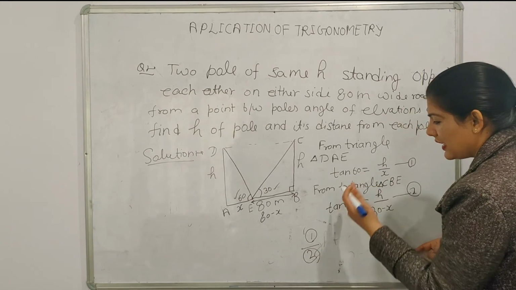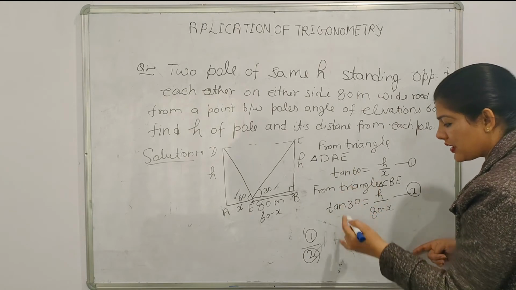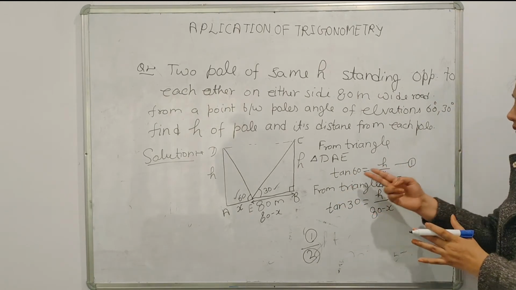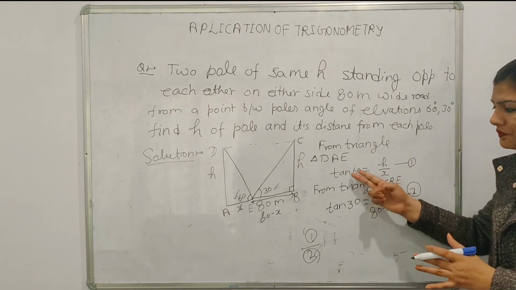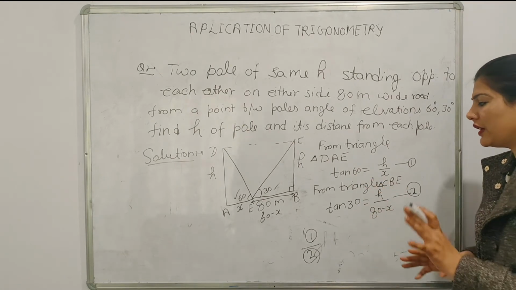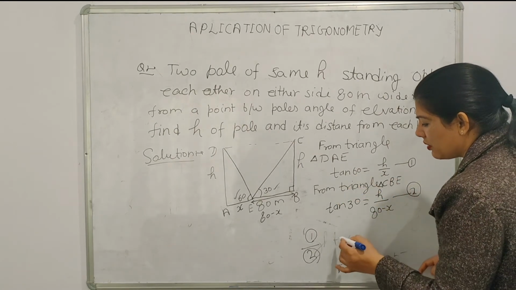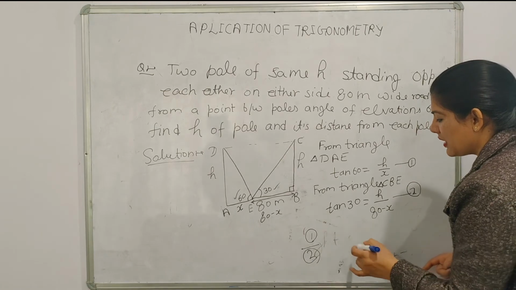So divide the left hand side by the left hand side. You can find the value in that case also if you put the value of tan theta here, but this is the easiest method.